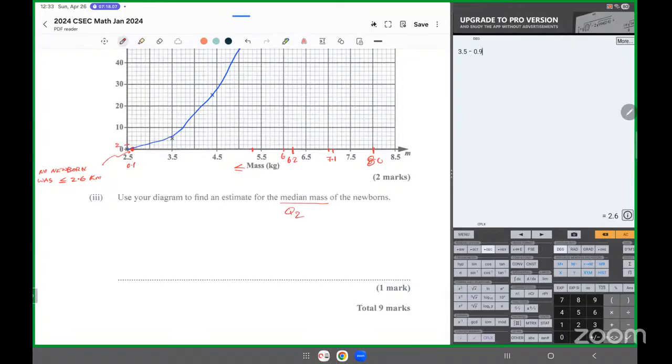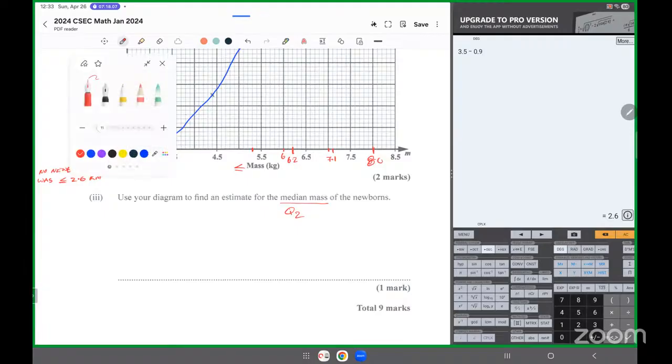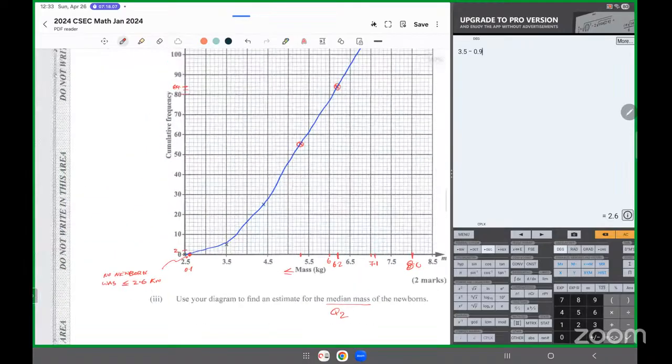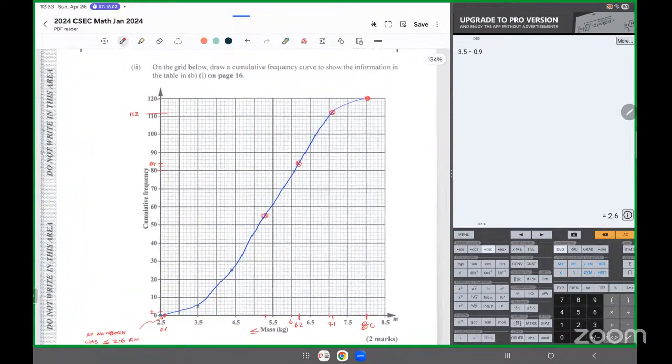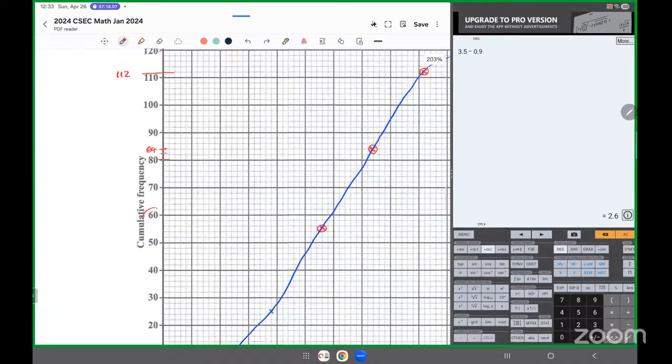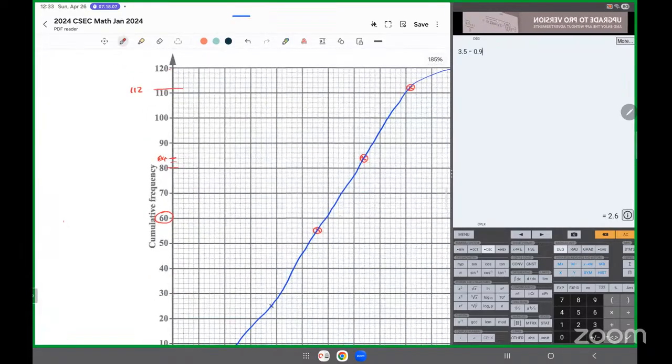So the position of Q2 is the 60th student, because 120 in all, half of it is right here at 60. This is the position of Q2, the position of the second quartile, which is the median. That's not the median, it's the position of it. Forget the median, but come across on the graph.